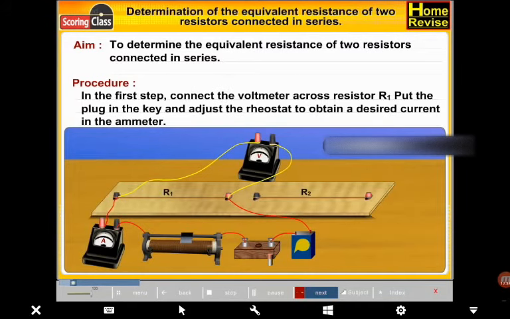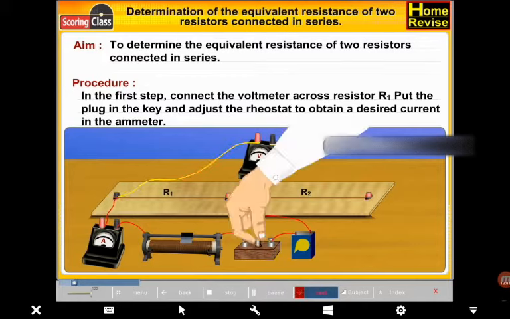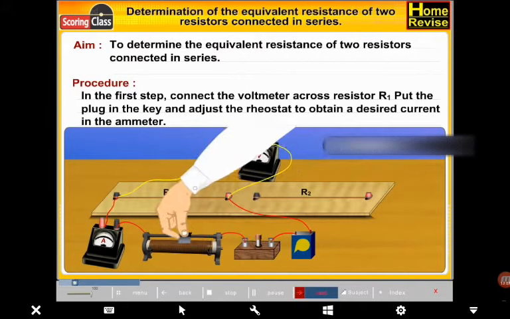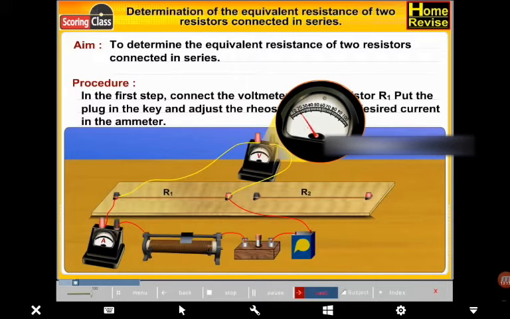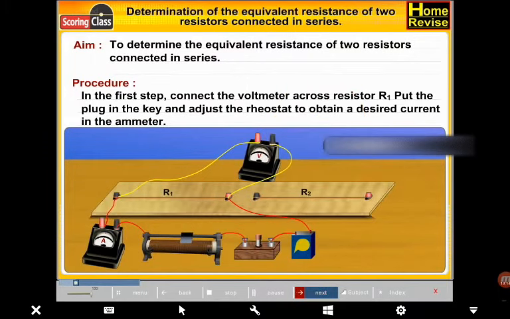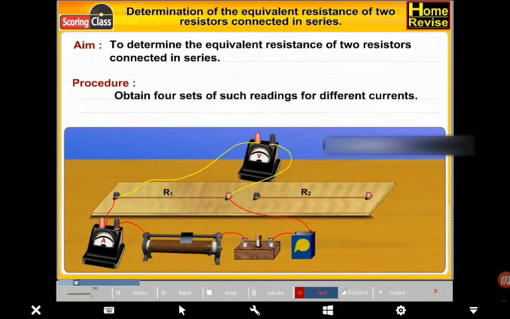In the first step, connect the voltmeter across resistor R1. Put the plug in the key and adjust the rheostat to obtain the desired current in the ammeter. Note the readings of the voltmeter and the ammeter. Obtain 4 sets of readings for different currents.